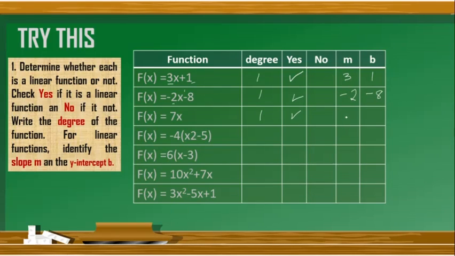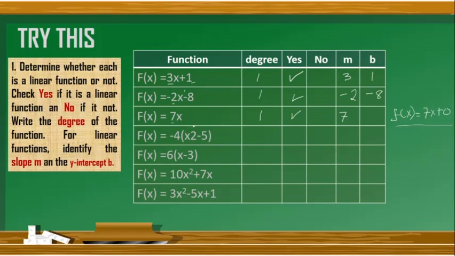The slope is 7. You must look at this number. Now, what is our y-intercept? As you can see, it is not written like this, but you can rewrite it like this: f(x) = 7x + 0.